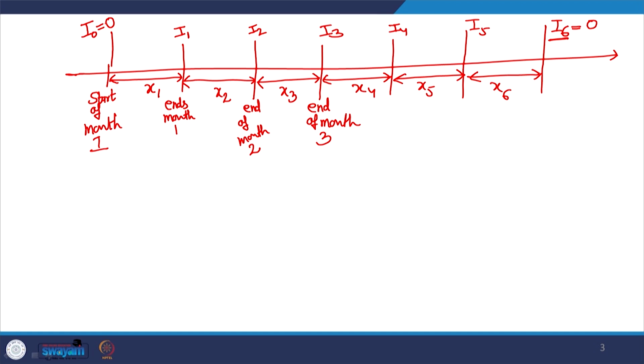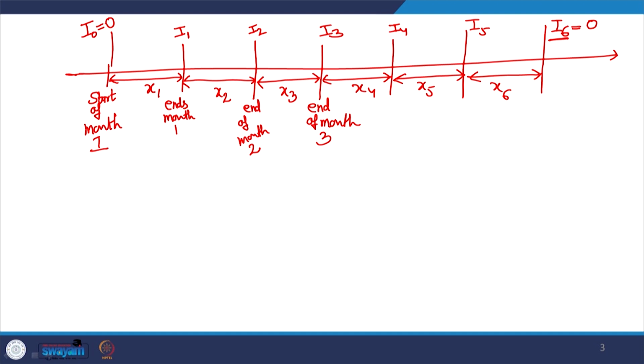So at the beginning and at the end of the plan period, inventory levels are 0. I0 and I6 are 0, and during the intermediate periods, at the end of 1, 2, 3, 4, 5 and 6, we have I1 to I6 levels of inventory, though I6 is 0.